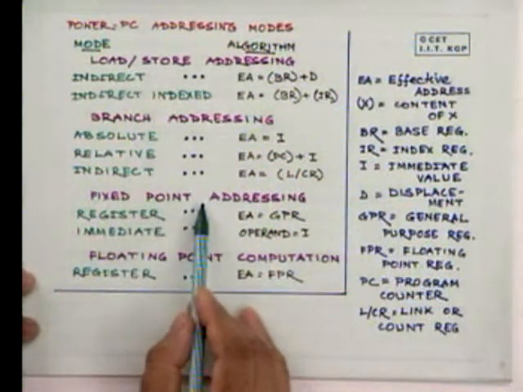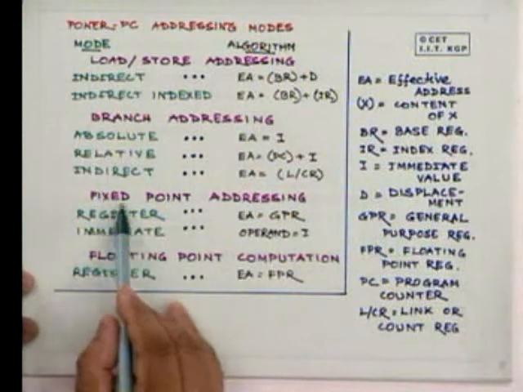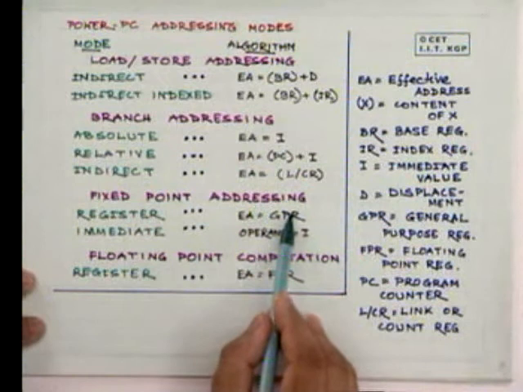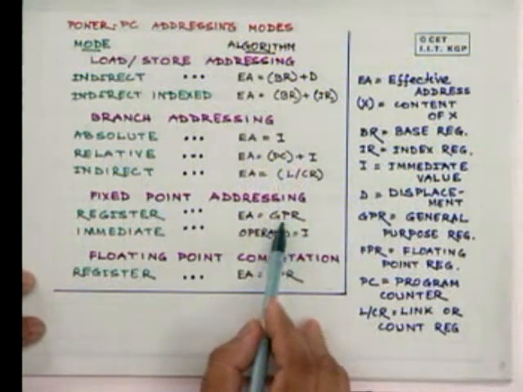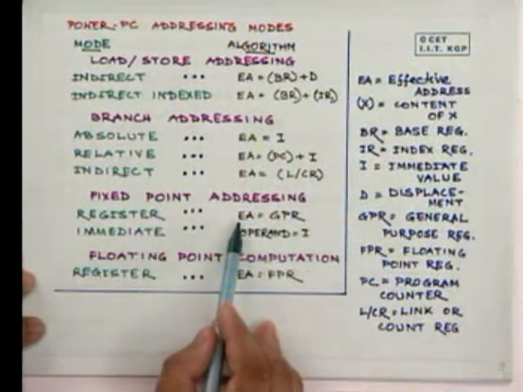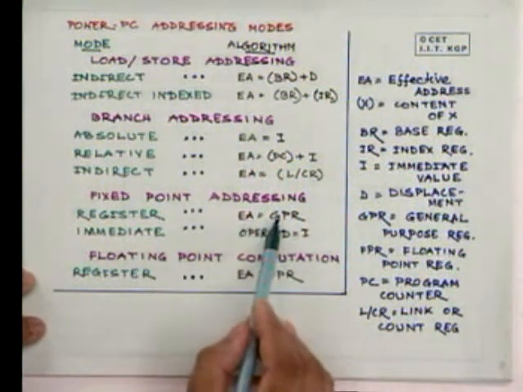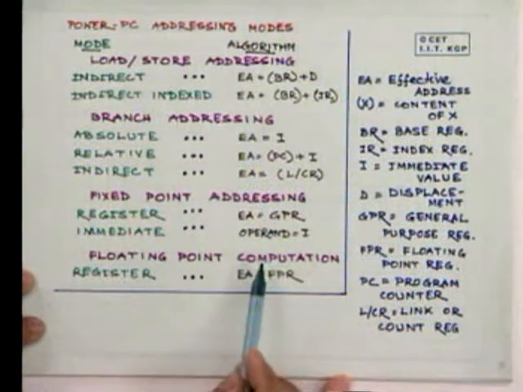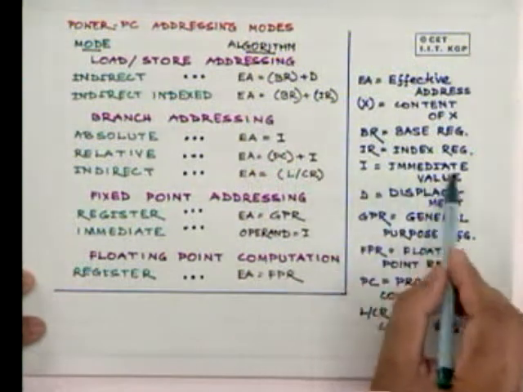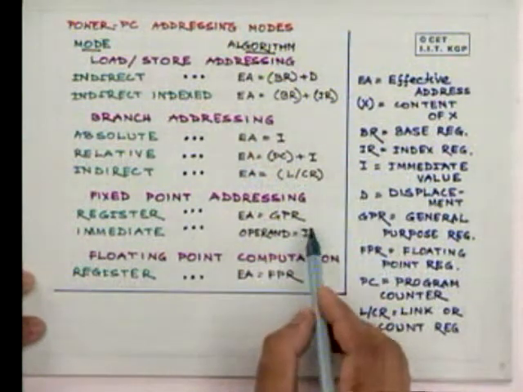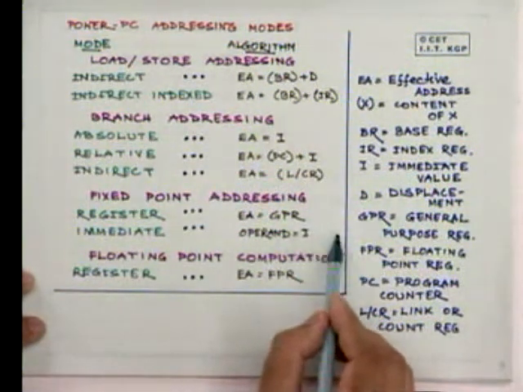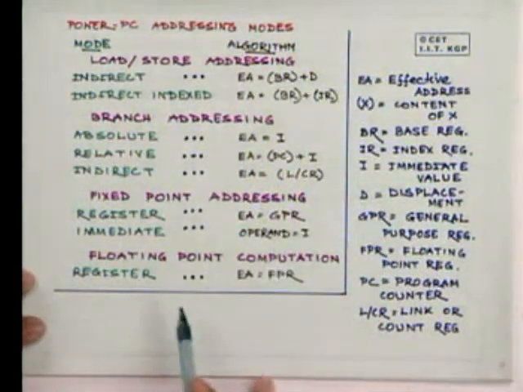For addressing the operands, say fixed point operands, in the fixed point addressing we have that general purpose registers as the effective address. We specify a general purpose register, okay, as an address of that operand, or we can have an immediate operand, where a portion of that instruction contains the operand itself, right?